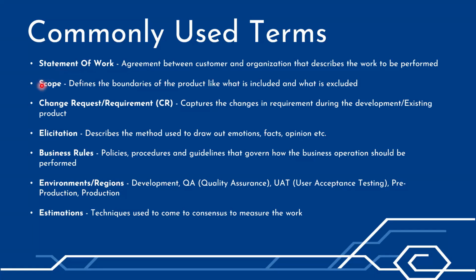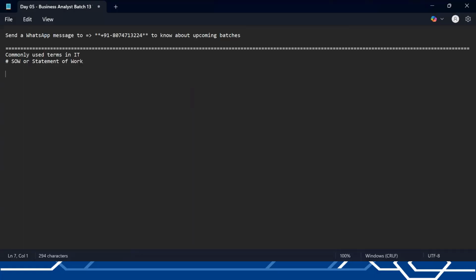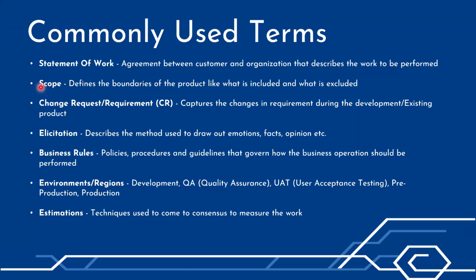The next term is scope. This is a term that you as a BA will be using mostly in your day-to-day life. Scope basically means defining boundaries for the project.